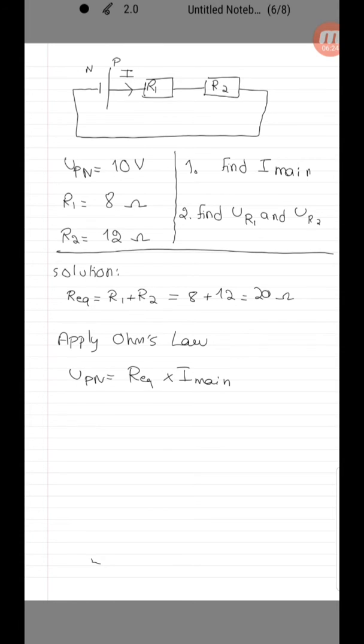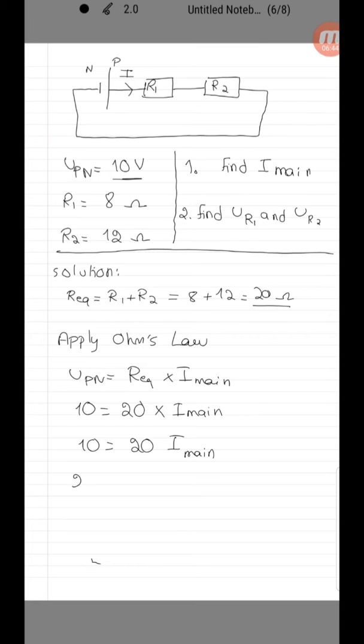Now I need to find I main. I have UPN, which is equal to 10 volts. So 10 equals R equivalent, which I found to be 20 ohms, times the main current. So 10 is equal to 20 I main.